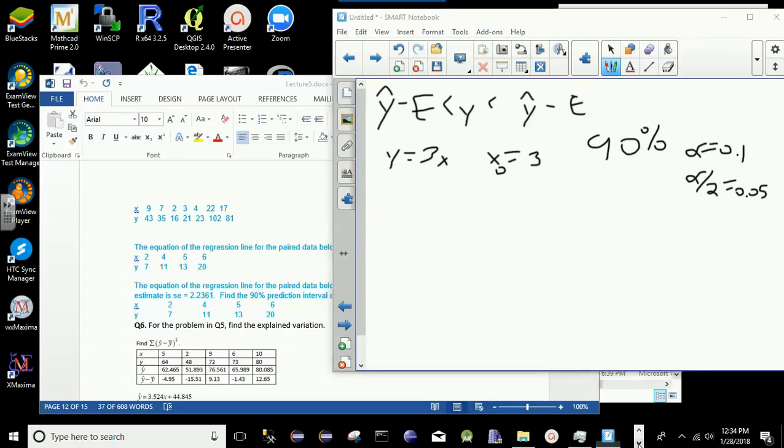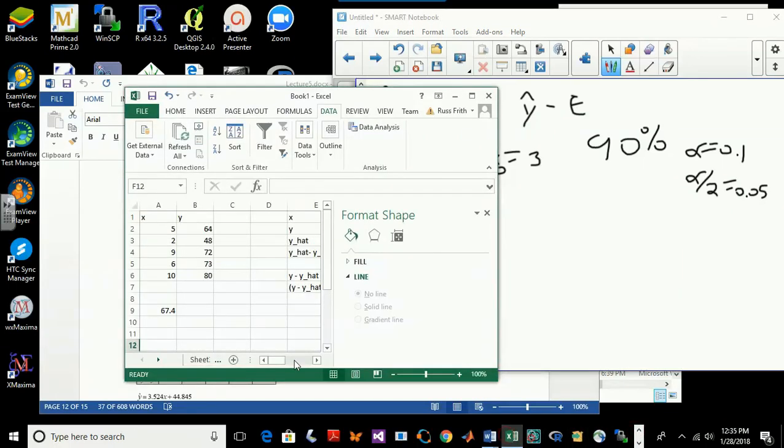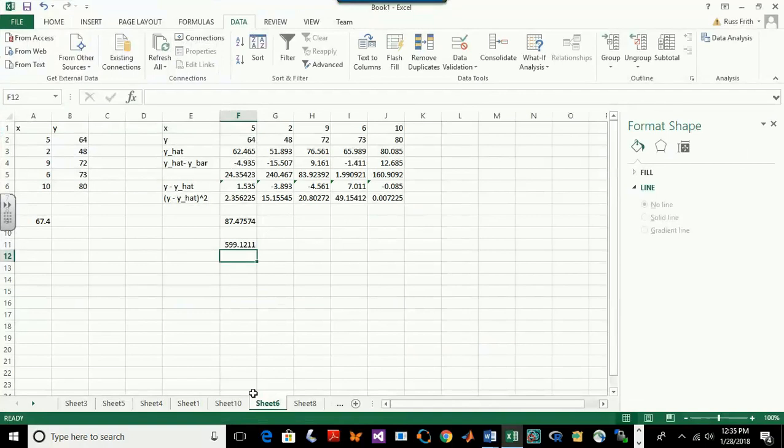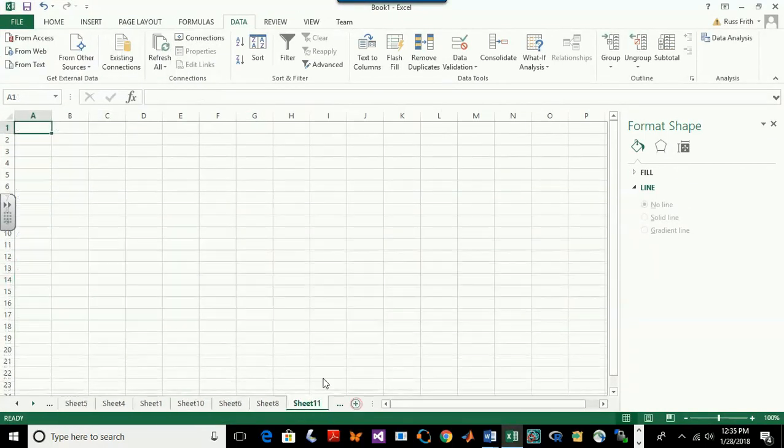Let me wire that into Excel. So x and y. Our x data are 2, 4, 5, 6, and the y values are 7, 11, 13, and 20.